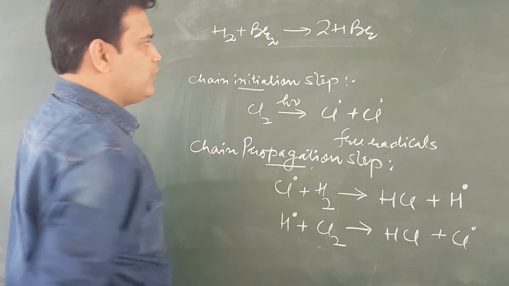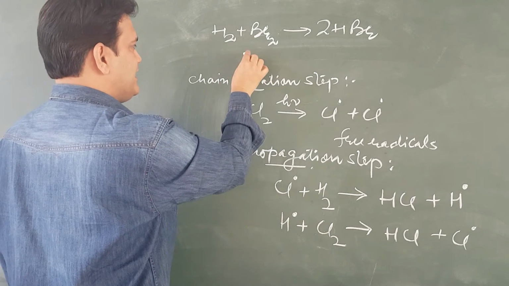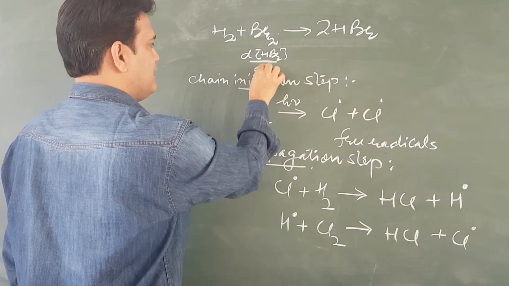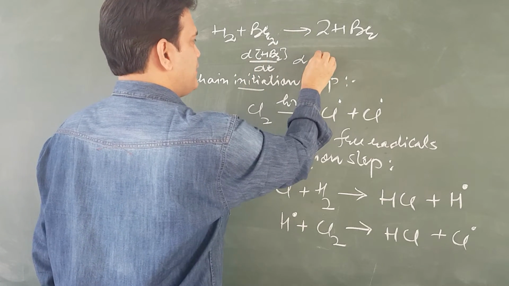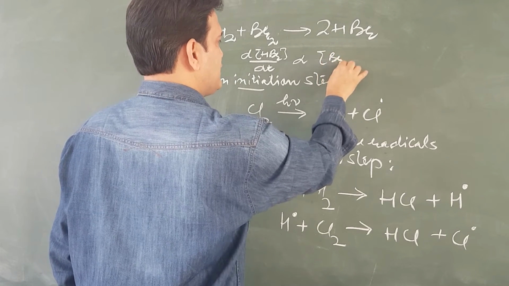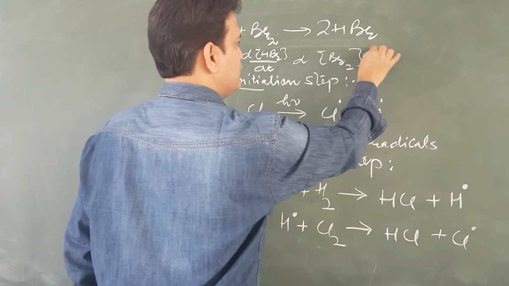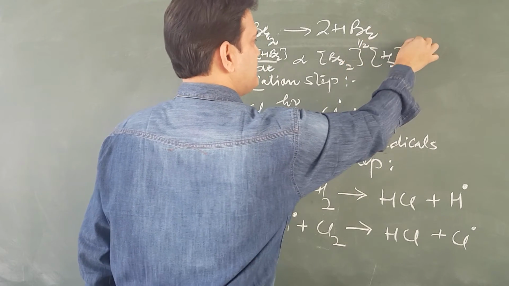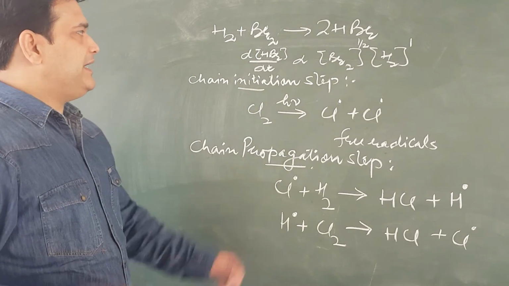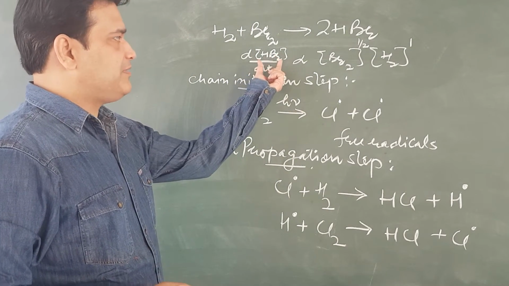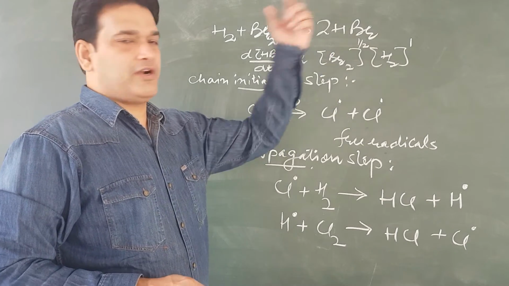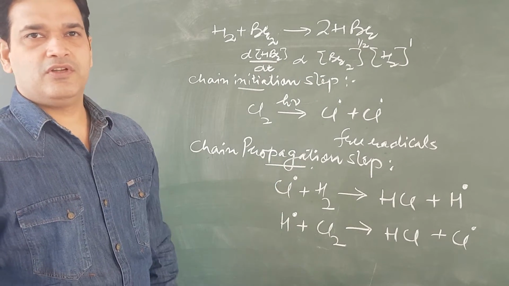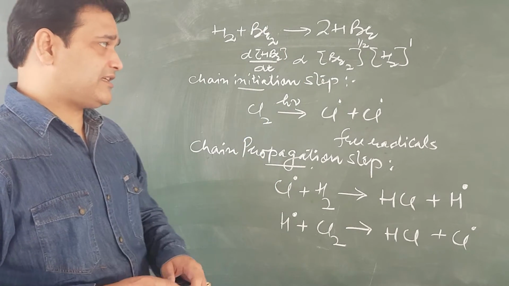And in this case, the rate of formation of HBr is directly proportional to the concentration of Br2 raised to the power half and the concentration of H2 raised to the power 1. It means the rate of formation of HBr is a fractional order. 1 plus half, the order is 3 by 2. So it is a fractional order reaction.